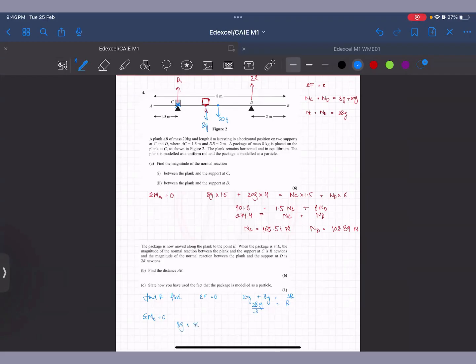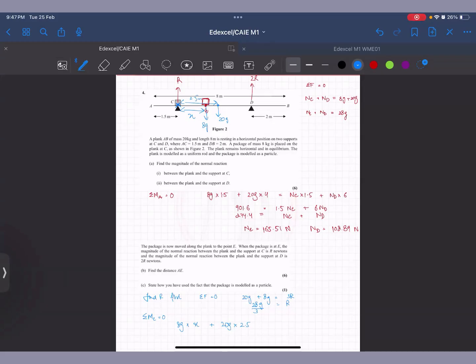Let's suppose this is x, we don't know. 8g times x plus 20g times, this is how much? This is total 4 minus 1.5, so 2.5 meters from the center of the plank to the pivot.